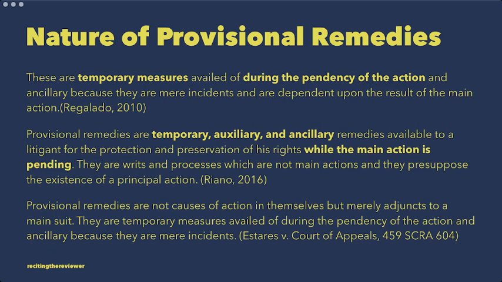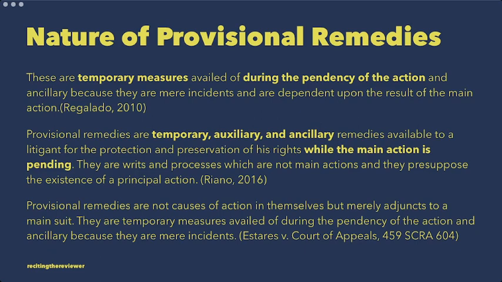This means the litigant, while the main action is pending. In other words, it is not the main action itself, but it is a remedy where you can attach, or it can be an adjunct, auxiliary, and ancillary to the main action while it is pending the main action.